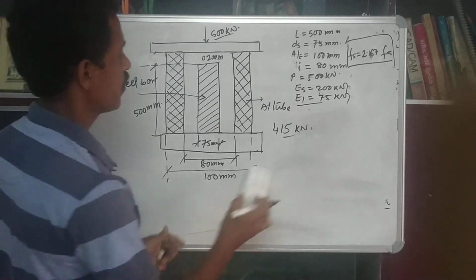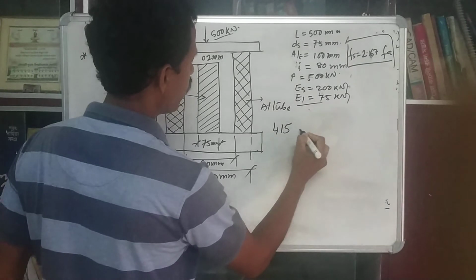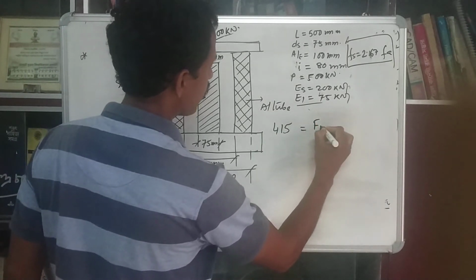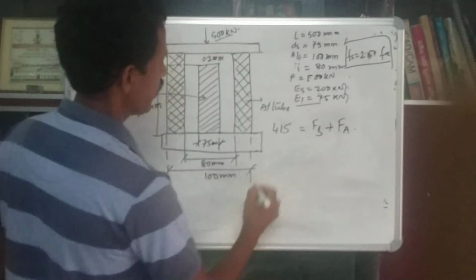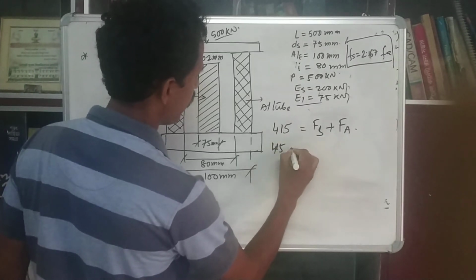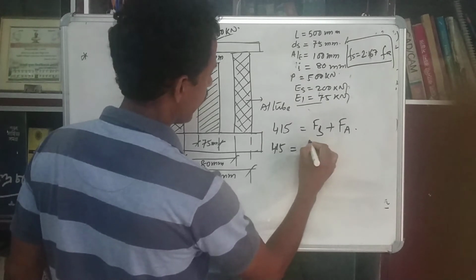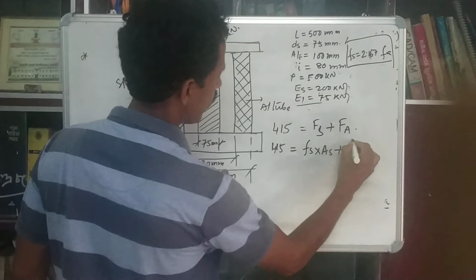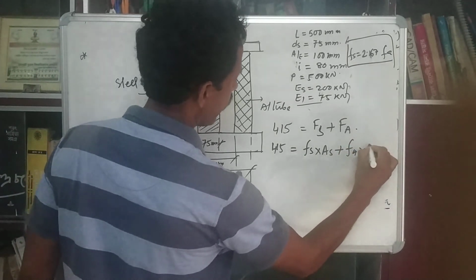That means 415 is equal to Fs As plus Fa Aa.